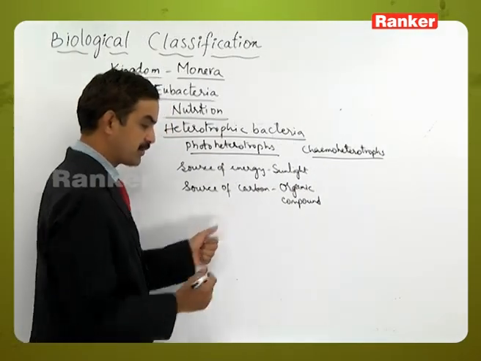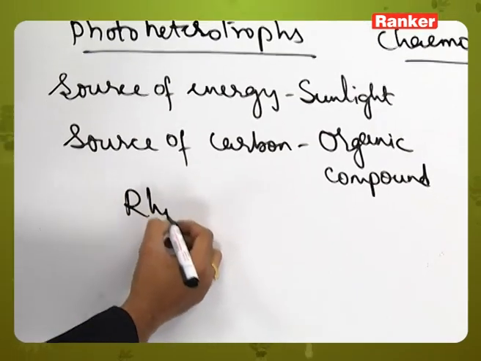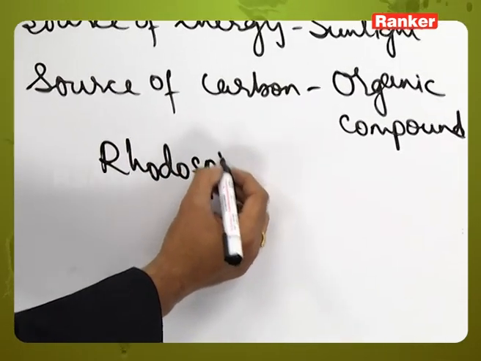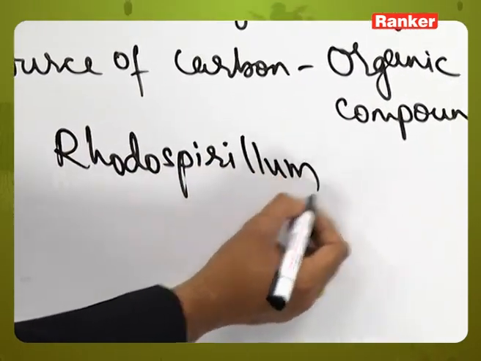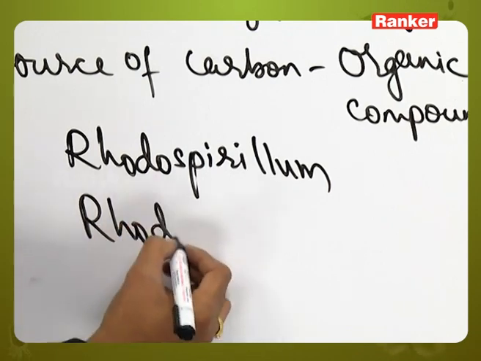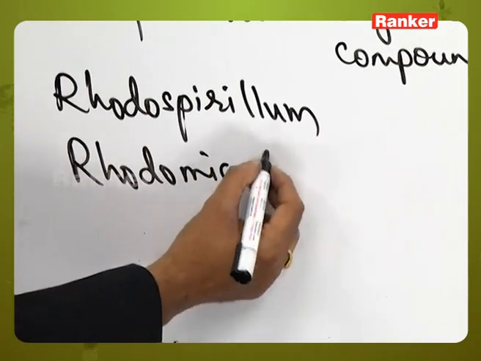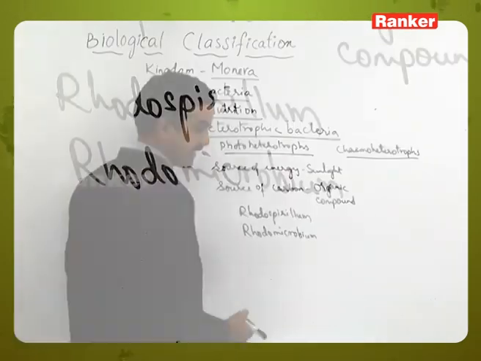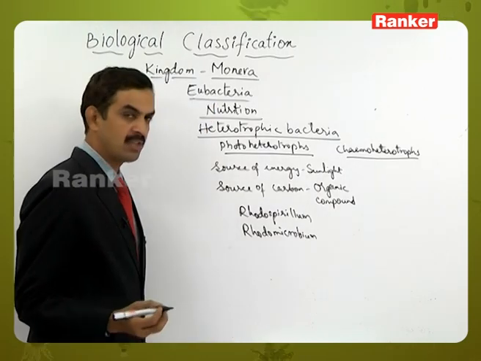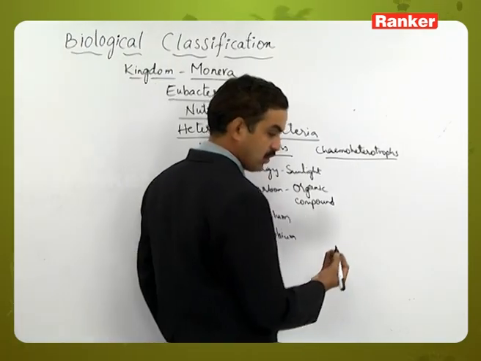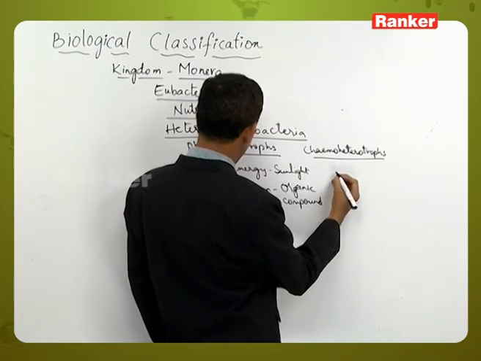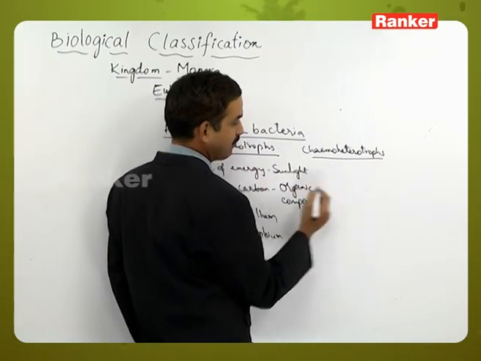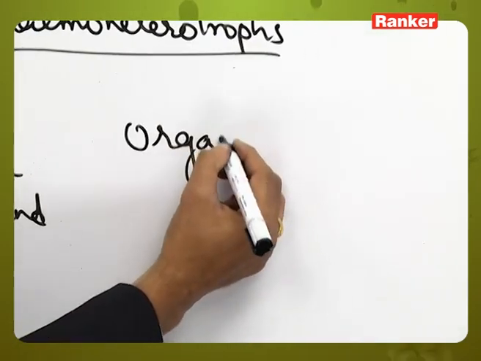In the photoheterotrophs, examples are Rhodospirillum and Rhodomicrobium. And when it comes to the chemoheterotrophs, these are the ones where the source of energy and the source of carbon, both of them are coming from the organic compounds.